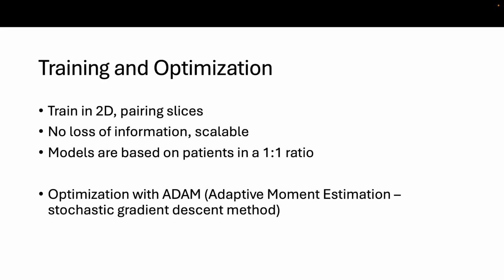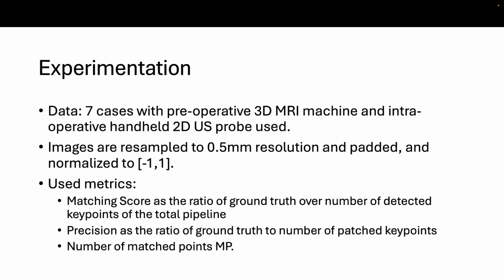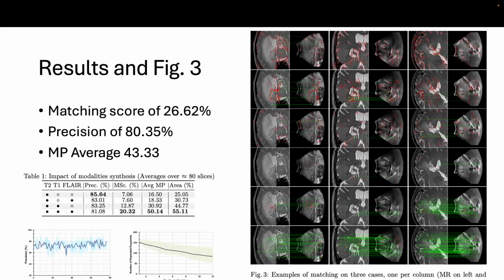Models are based on patients in a 1-to-1 ratio. So they basically normalized it. They had 7 cases with MRI and ultrasounds, and they used matching score, precision, and matched points as metrics for the results.